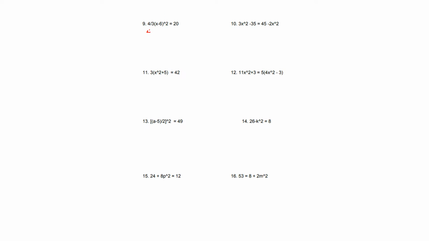Okay, number 3, we got 4 over 3 times x minus 6 squared equals 20. You can isolate the x minus 6 squared by dividing both sides by 4 over 3. Or you're basically multiplying 20 times the reciprocal of 4 over 3, or 3 over 4. So it becomes x minus 6 squared equals 20 times 3 over 4, is one way you could think about it.